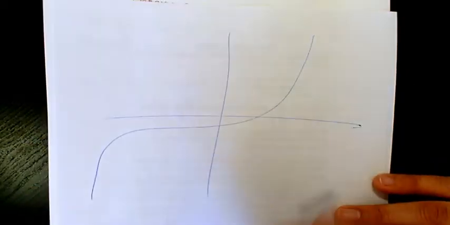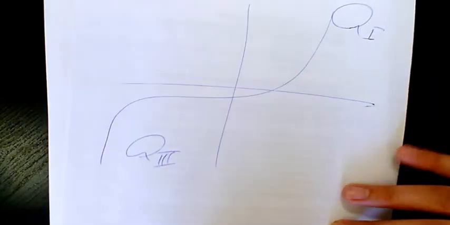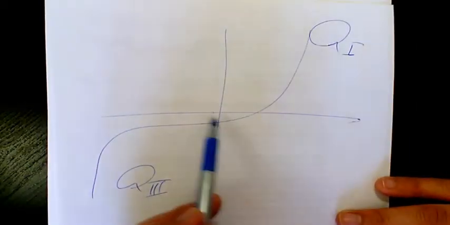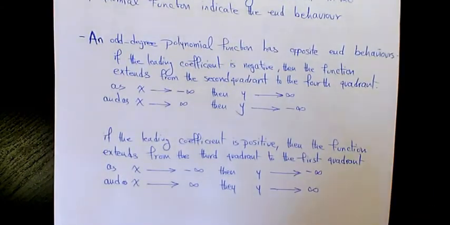If we have this, it's going to go like that. This is quadrant 1, and here is quadrant 3. As x goes to negative infinity, y goes to negative infinity, and when x goes to positive infinity, y goes to positive infinity as well. Alright, so these are the odd degree polynomial functions.